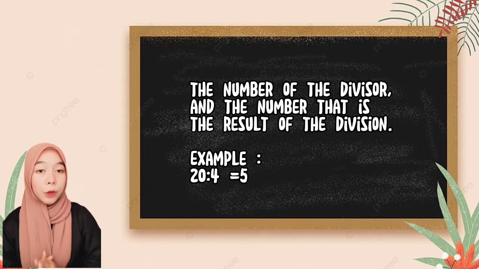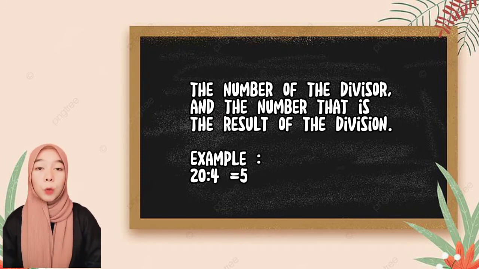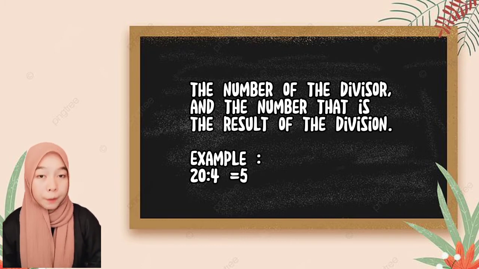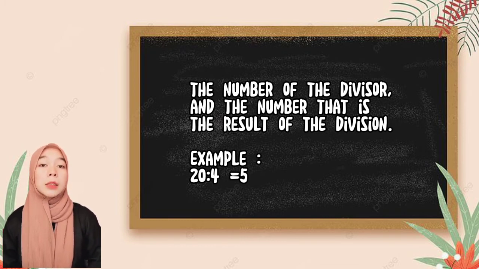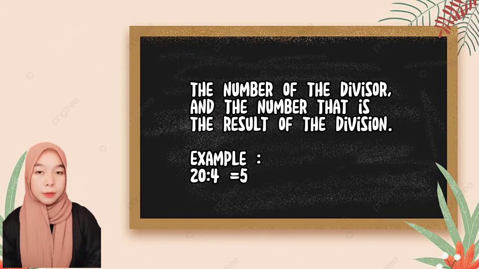An example of using the division symbol is as follows: 20 divided by 4 equals 5. 20 is called the dividend, 4 is called the divisor, and 5 is the quotient.